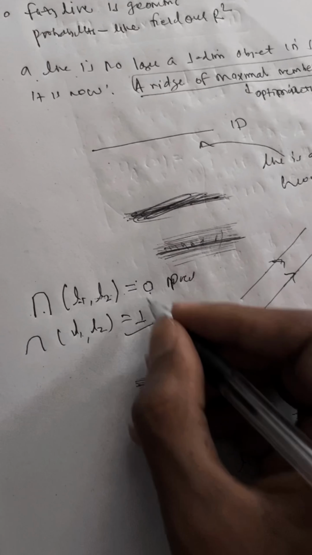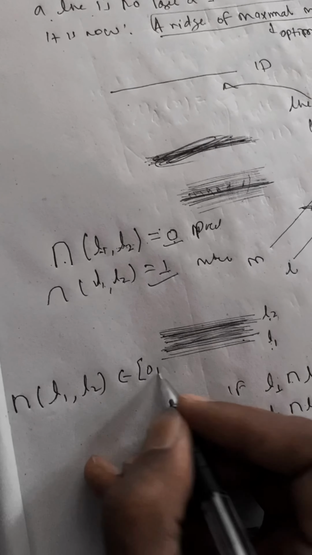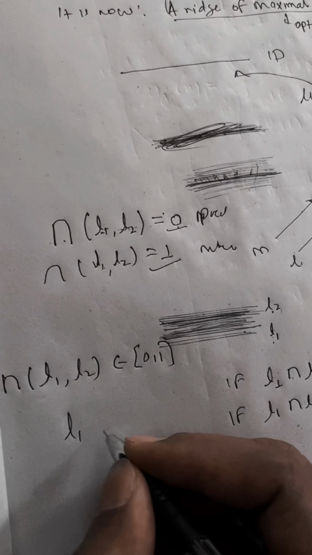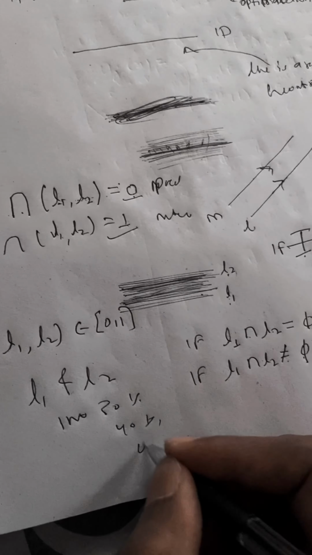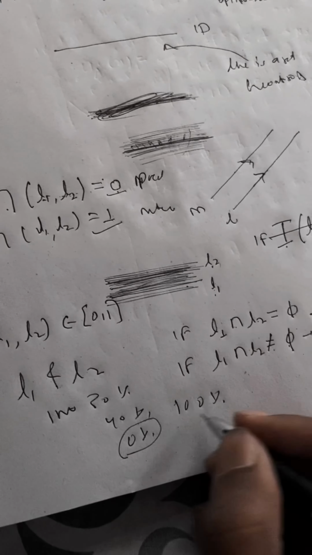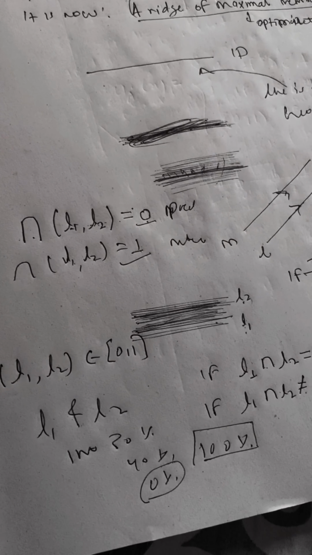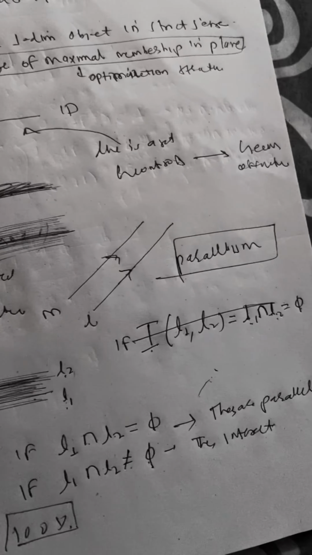So it is either 1 or 0. But here we have to define the intersection of two lines L1, L2 as belonging to the closed interval [0, 1]. Now we can only say L1 and L2 intersect 30% or maybe 40% or maybe 0%. If 0%, they are parallel. 100% means full intersection. So it's a different kind of thing going on now, right?